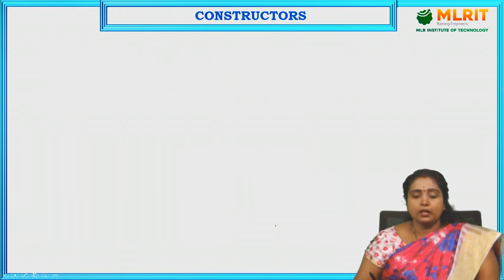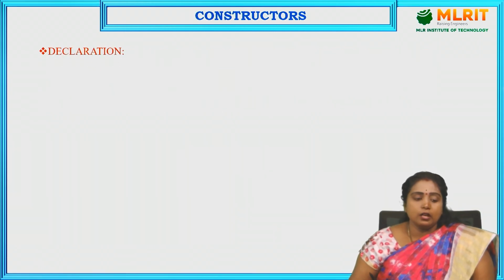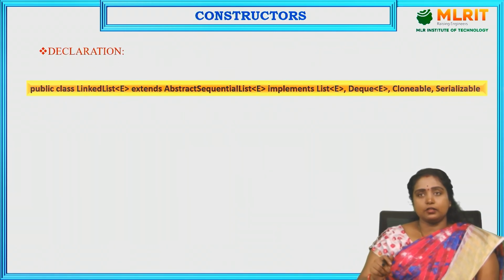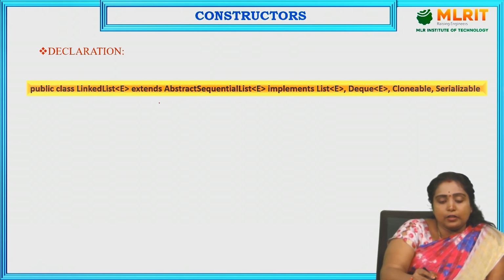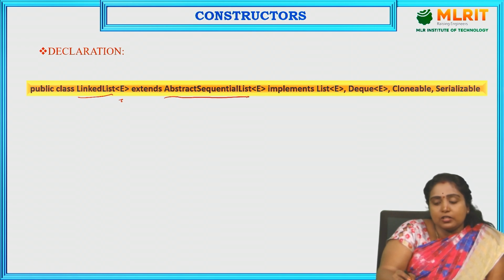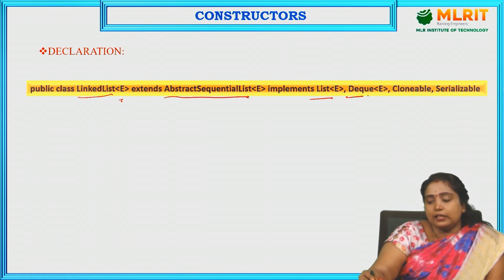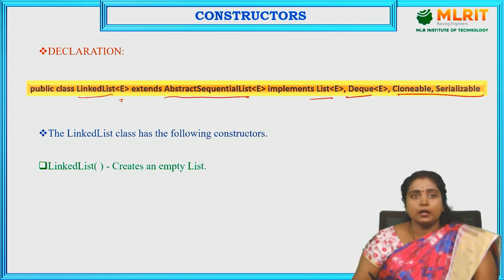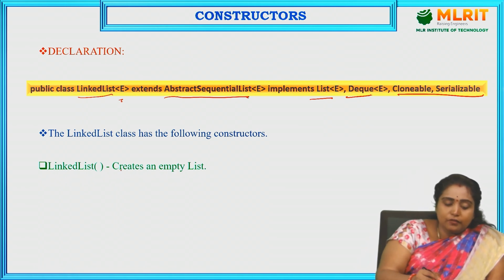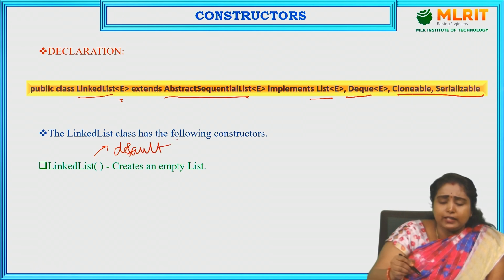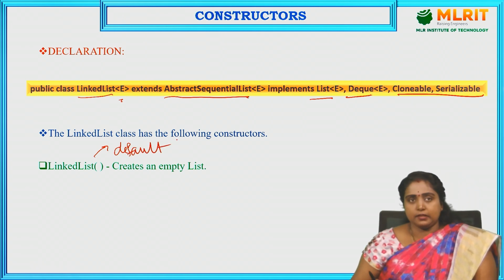Okay, so coming to the constructors. Here is the declaration, how it would look, as we have already seen. The LinkedList class is a generic class and it extends AbstractSequentialList and it implements List, Deque, Cloneable and Serializable. Coming to the constructors, the first constructor is the default constructor, which automatically creates an empty linked list.